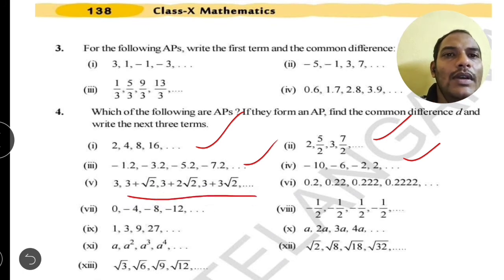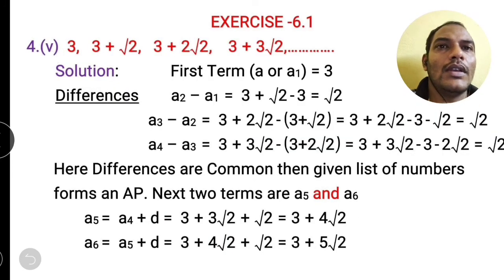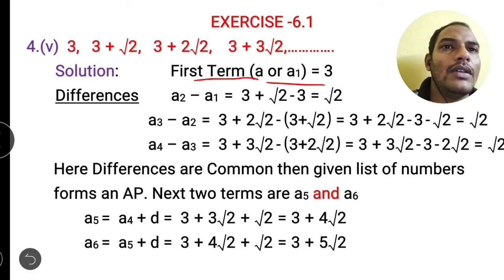The list is 3, 3 plus root 2, 3 plus 2 root 2, 3 plus 3 root 2, dash. Let us verify whether this list of numbers forms an AP or not. Here the first term is a or a1, which is 3. Next, differences.